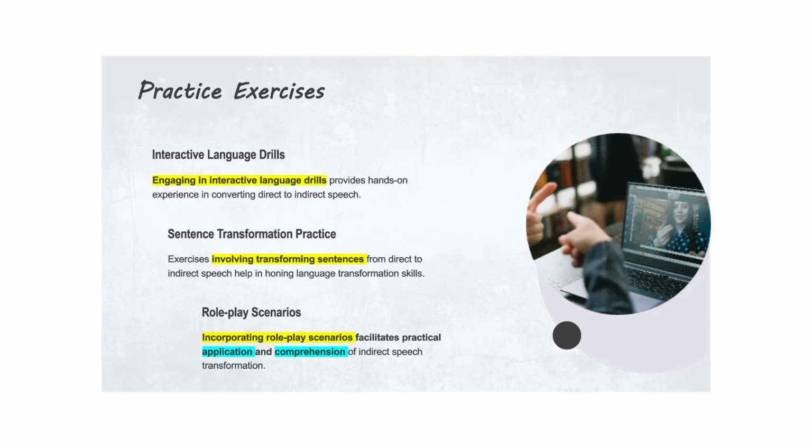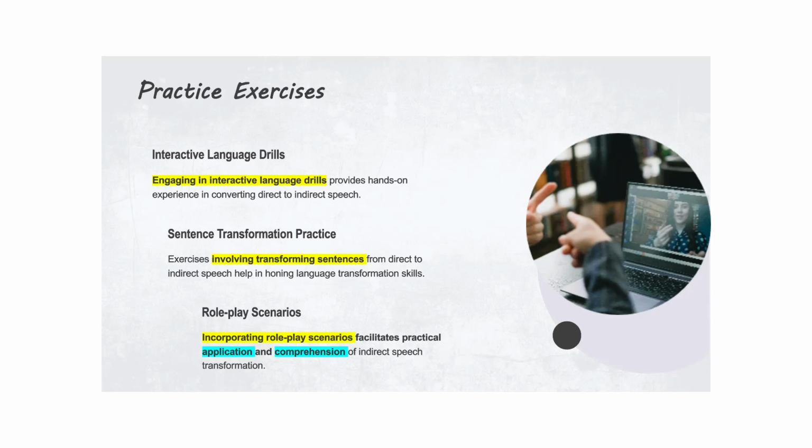You would also like to do it with the help of a role play scenario among your friends. Incorporating role play scenarios facilitates practical application and comprehension of indirect speech transformation. Let's say you have got three friends, all of you are chatting about something or gossip about something.